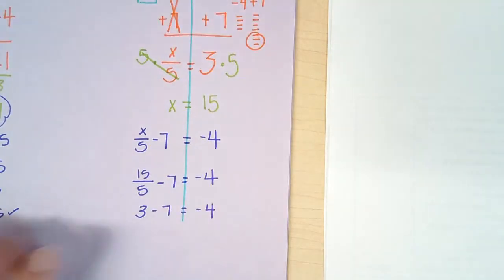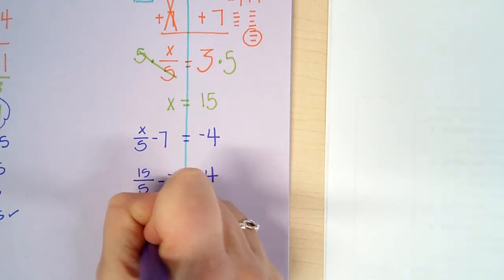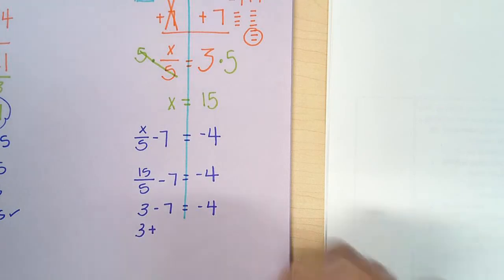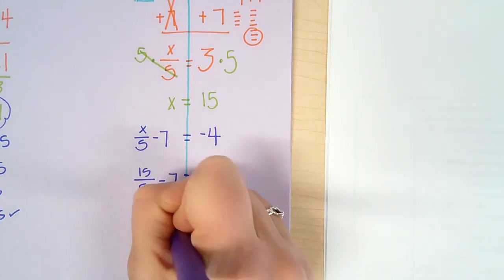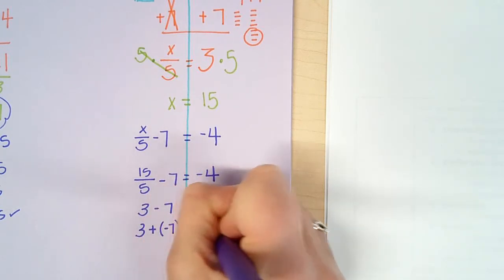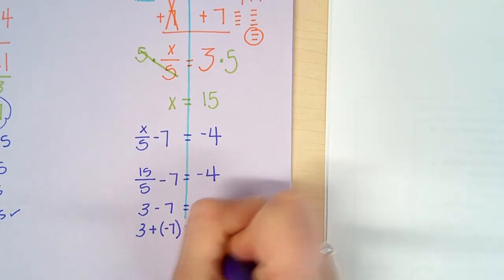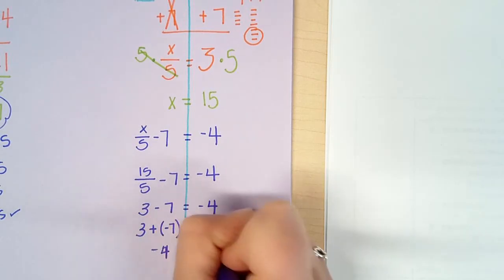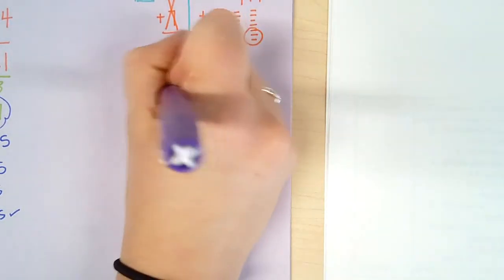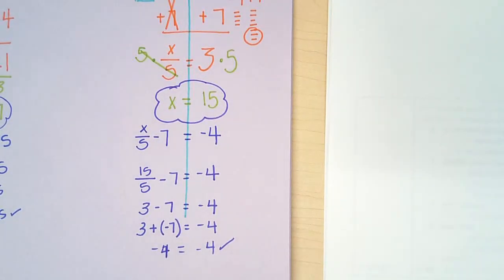Bring down everything else. Now I have integer subtraction, so I keep my first number, change my subtraction sign to addition, and find the opposite of my second number, hoping it's negative 4 still. 3 plus 7 negatives does in fact get me negative 4. So my solution is correct.